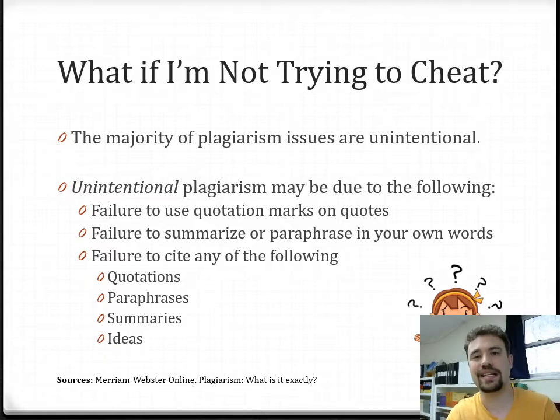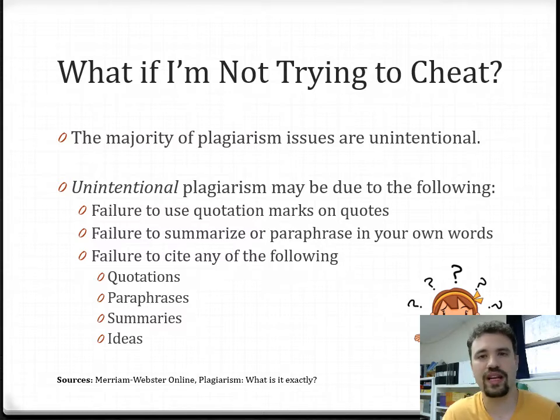Now, if it's an idea that tons and tons of people have, you don't necessarily have to cite that idea because it's a very well-known idea. But if it's kind of an original idea to one particular source and they are the only people who seem to have had that idea, you can't then pass that idea off as your own, right? You need to give them credit for even that idea. So, again, if you try to do the citation and everything correctly, you should be able to avoid unintentional plagiarism.